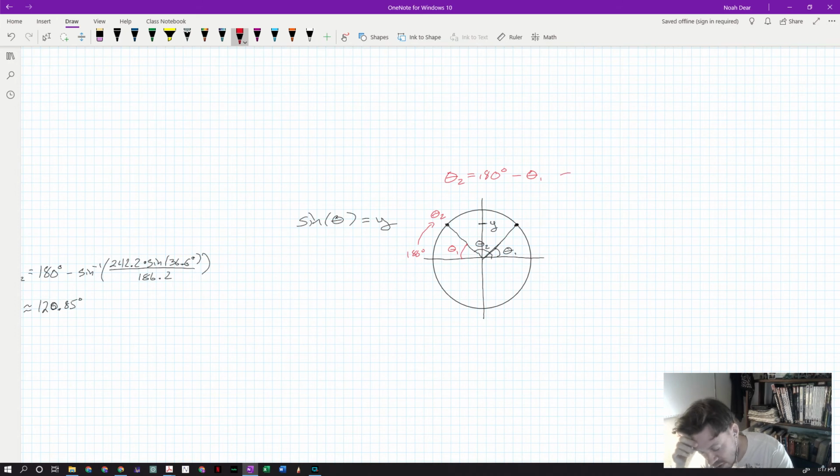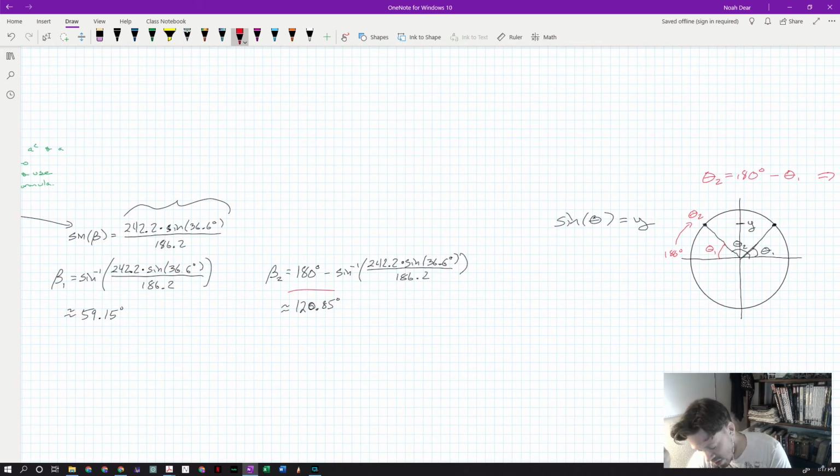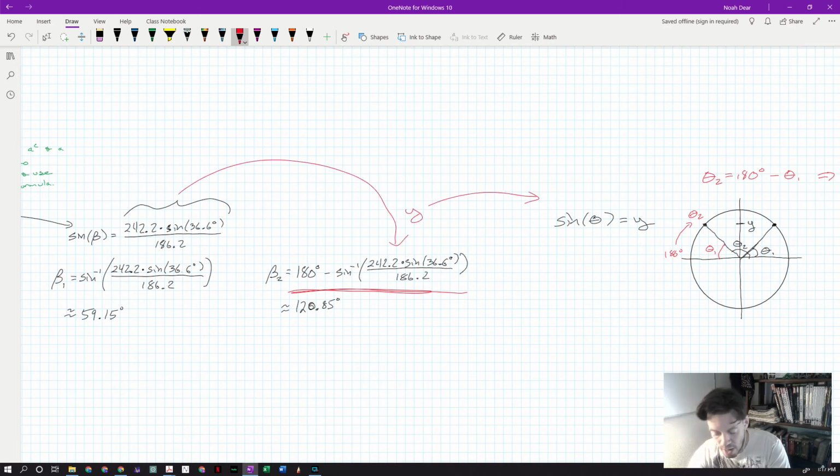I could rearrange this equation. It's really theta 1 plus theta 2, adding them together equals 180 degrees. And that's why we're getting this second equation of 180 minus the sine inverse of what I'm calling y on the unit circle.